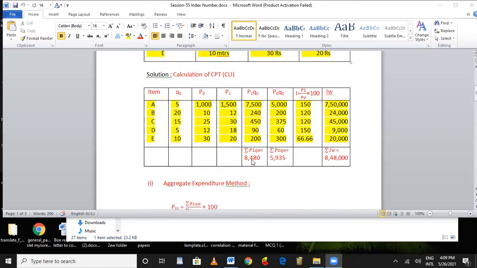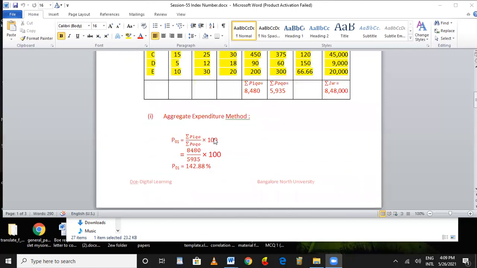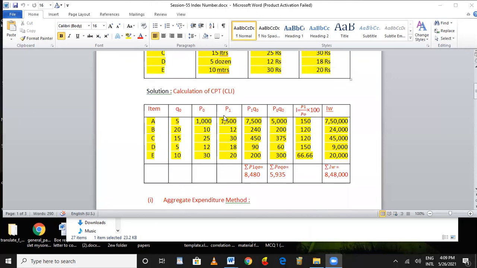Then we apply the formula for the aggregate expenditure method: sigma P1 Q0 divided by sigma P0 Q0. P1 means current year prices and Q0 means base year quantities. First you have to multiply P1 Q0.